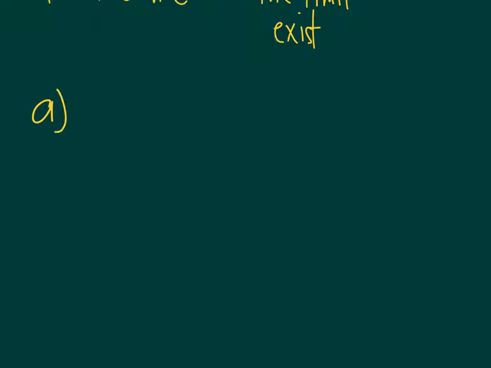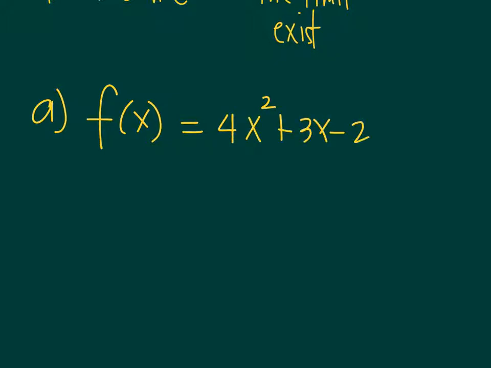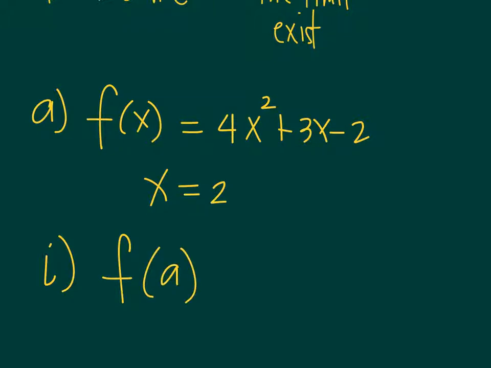Example 1 is f of x is equal to 4x squared plus 3x minus 2, and we want to identify whether it's continuous at x equals 2. In general, to determine whether the function is continuous at a specific number, we do the 3 steps. Number 1, we check if f of a exists, where a is the value of x we're trying to check.